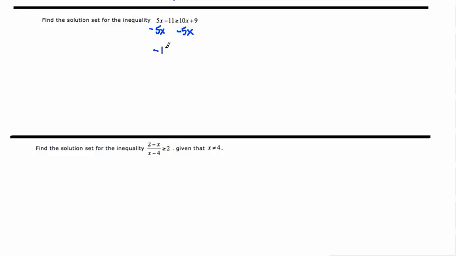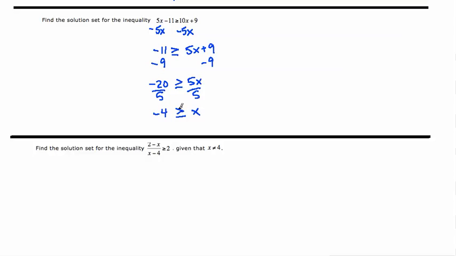So I'll have -11 is greater than or equal to 5x plus 9. Subtract 9 from both sides. So I'll have -20 is greater than or equal to 5x. Divide by 5, divide by 5, x, and there we go, -4.